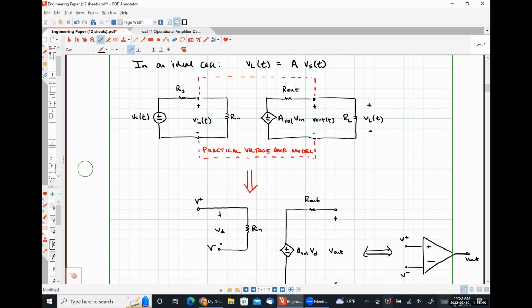Since we have a differential input, this isn't forced to be zero like it is up here. I know that's not a great answer, but that's the only one I can give you.